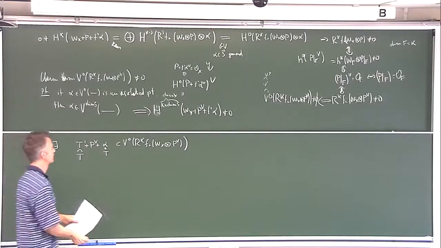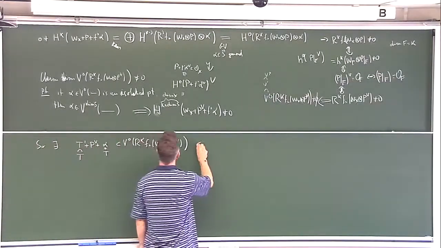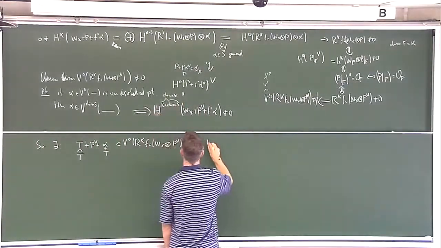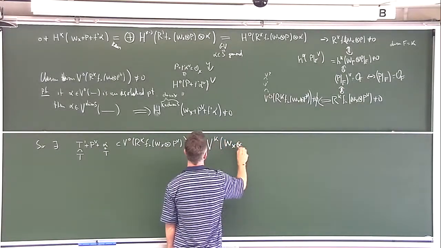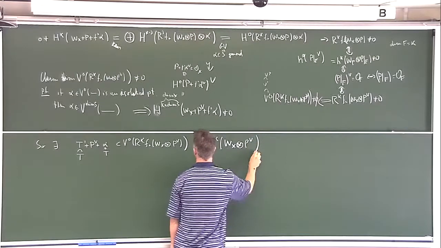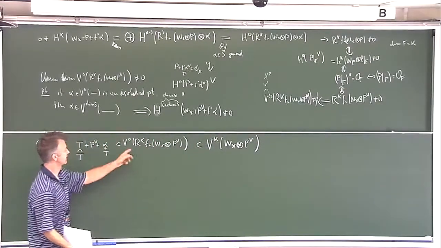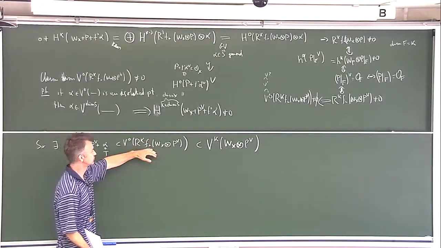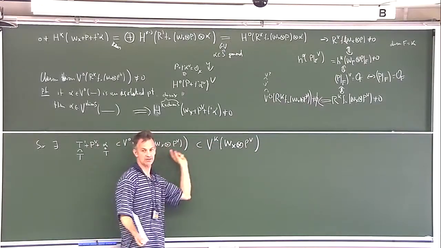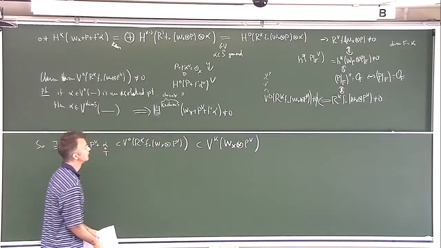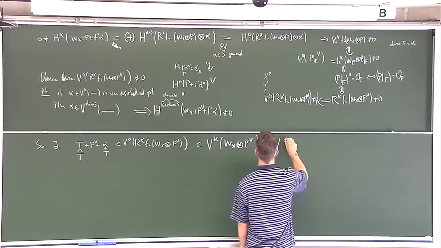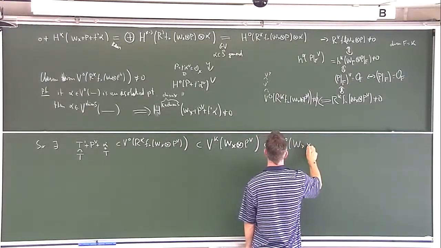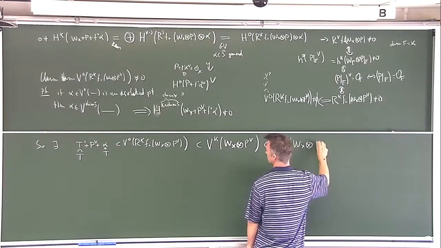But then, by that argument, this is contained in Vk omega x tensor P dual. Every time that this cohomology group doesn't vanish, then this doesn't vanish because they're summands, one of the other. But now, since this is a generic vanishing sheaf, this is contained in V0 of omega x tensor P dual.